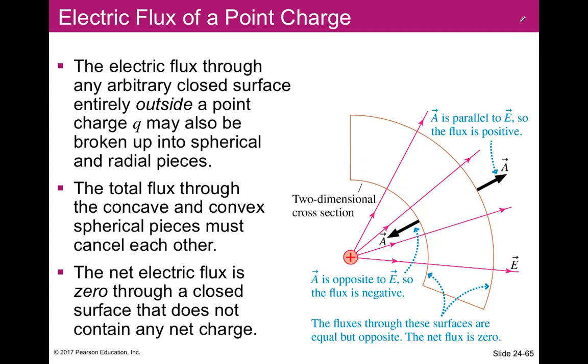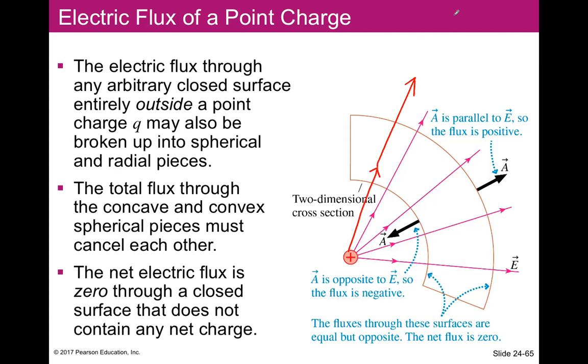It will be 0, because we can define flux to be the number of field lines going out of the surface. In this case, if you have one field line going in, it must be going out at the other side of the surface.